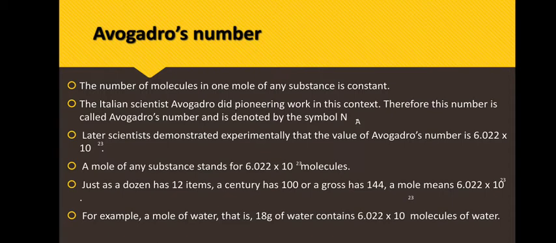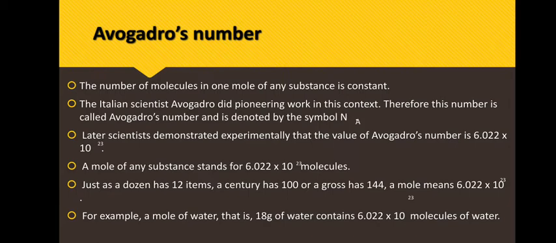What is that fixed number? 6.022 into 10 raised to the power 23. What is the symbol for this number? N subscript A. This is known as which number? Avogadro's number. Who has done this work? Italian scientist Avogadro. Okay, a short note is asked on Avogadro's number.